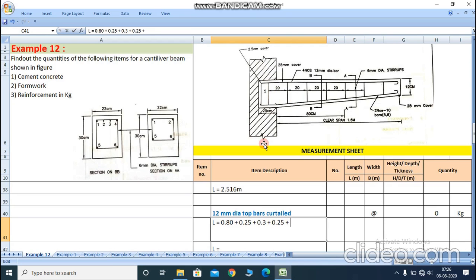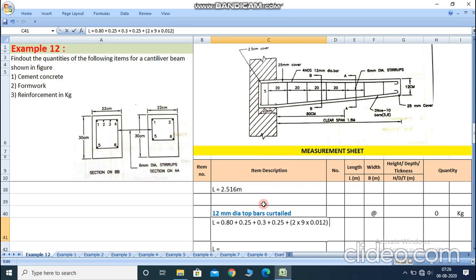So right here 2 into 9 into diameter of the bar 0.012, minus. Here a single cover is provided at the end, and top and bottom cover is provided.